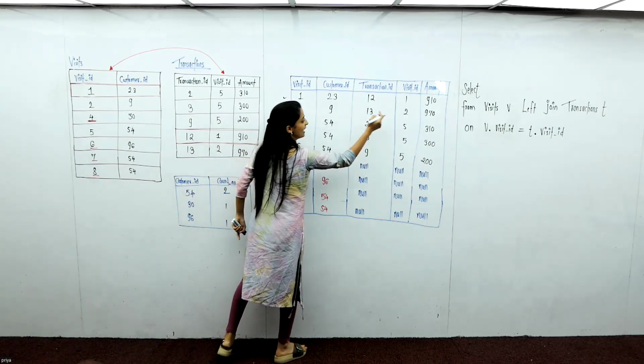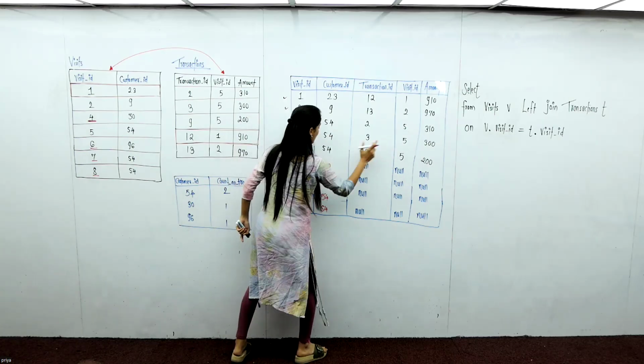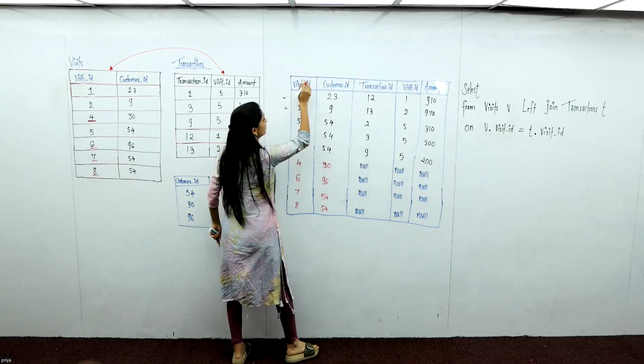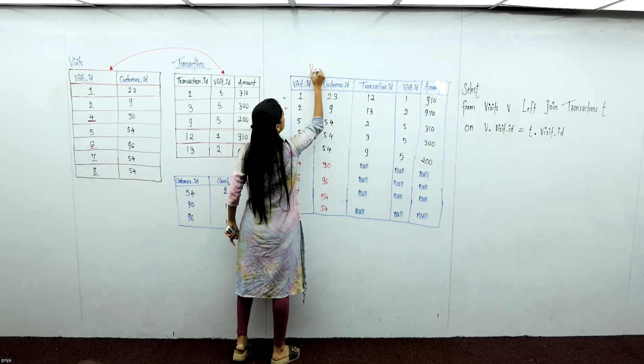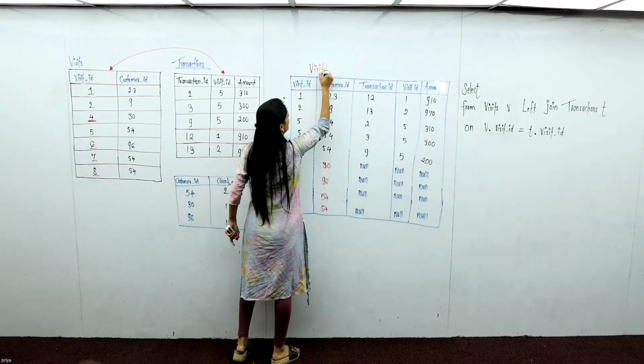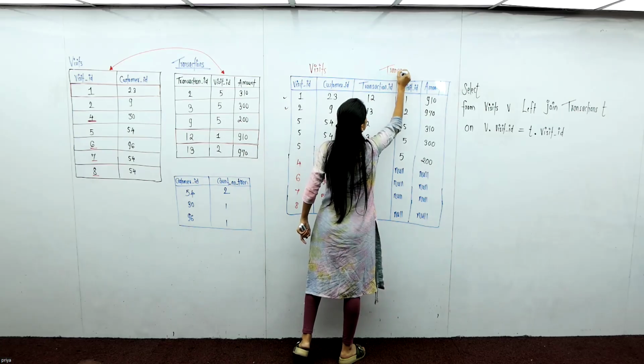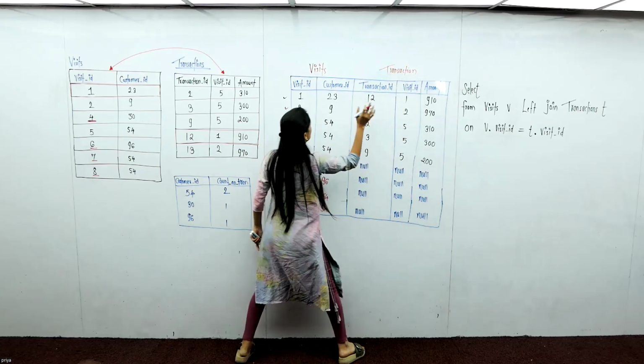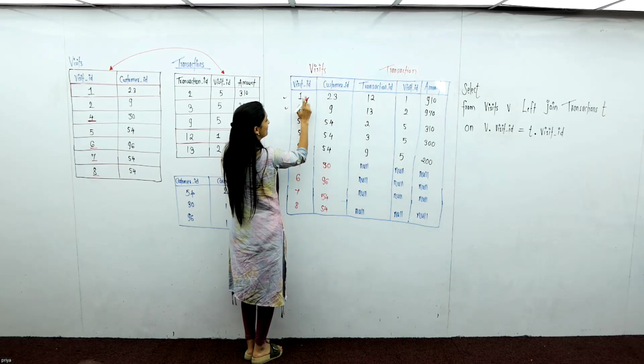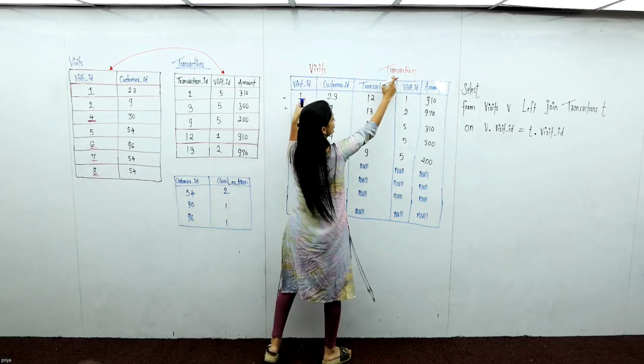These are the matching records. These 2 columns are from the visits table, and these 3 columns are from the transactions table. So you can check visit ID from the visits table and visit ID from the transactions table.